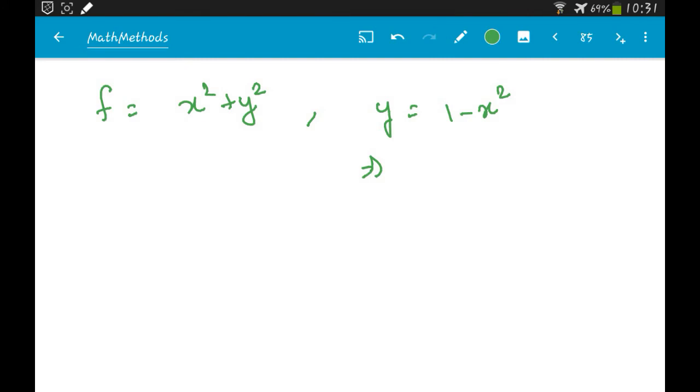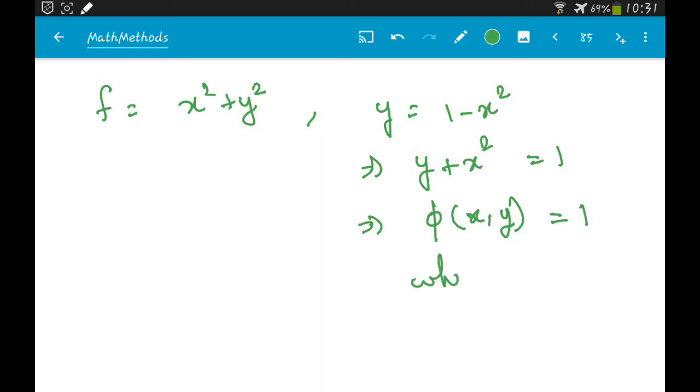We can take x square to the other side: y plus x square is 1. So phi of x comma y is 1, where phi of x comma y is given by x square plus y.